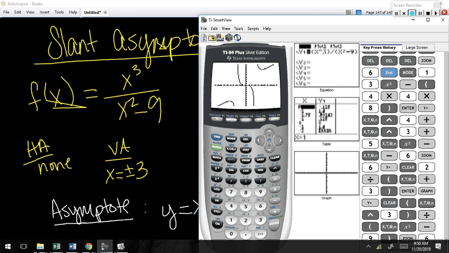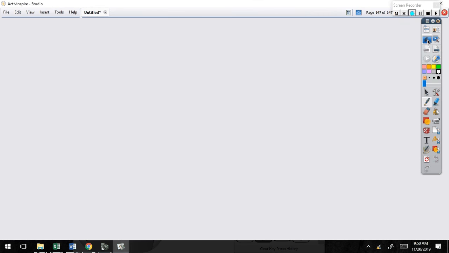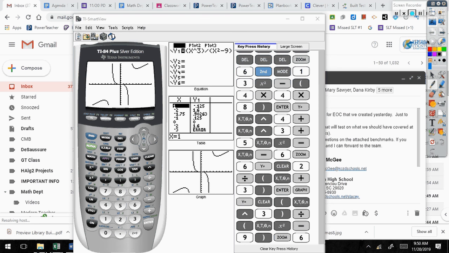Look at what's happening here, because I want you to see exactly how these are asymptotes. Negative 3, positive 3. The line y equals x is like that.